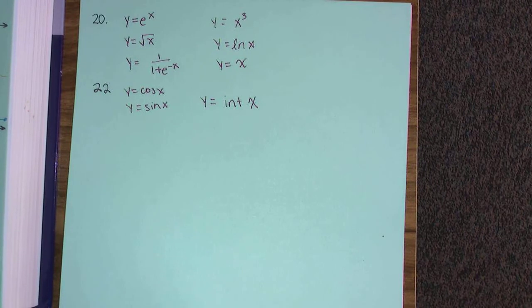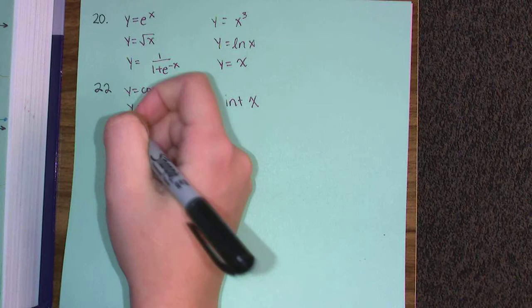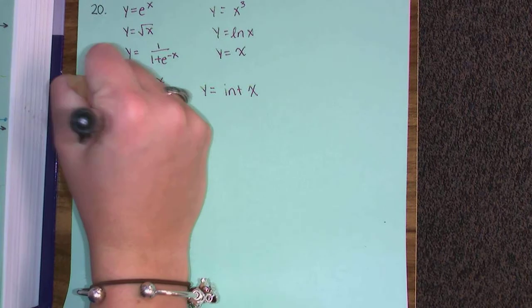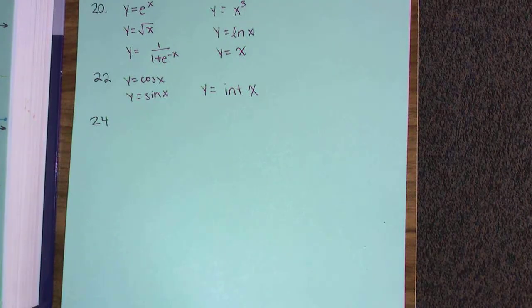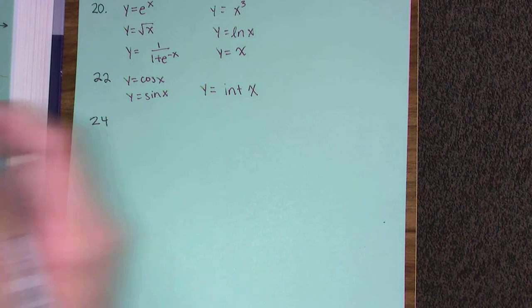Alright, 24. 3 functions with range being all real numbers. So that means that they go from negative infinity to positive infinity on the y. Which one? Not x squared.